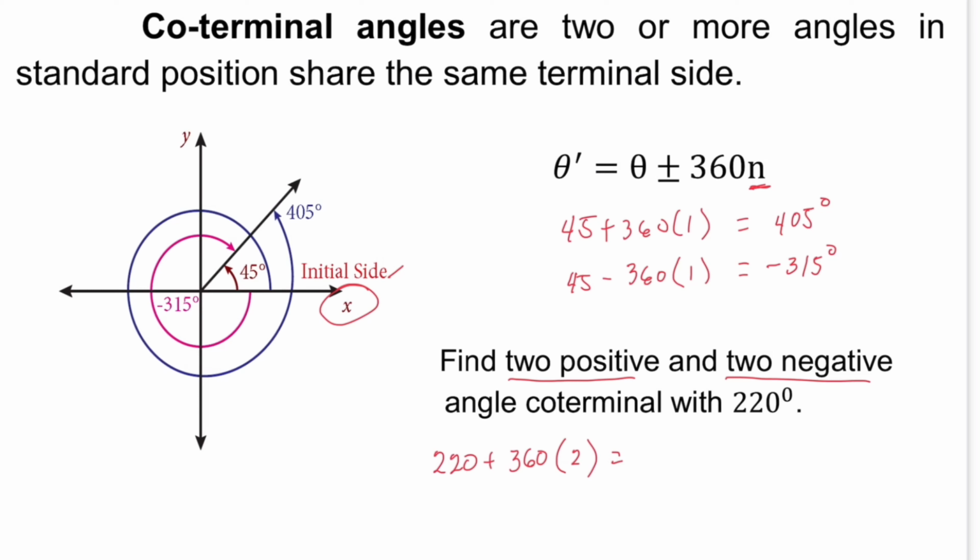Pagkakaroon tayo ng sagot na 940 degrees. Kung dalawang negative naman siya, so this will be 220 minus 360 times 2 is equal to negative 500 degrees.